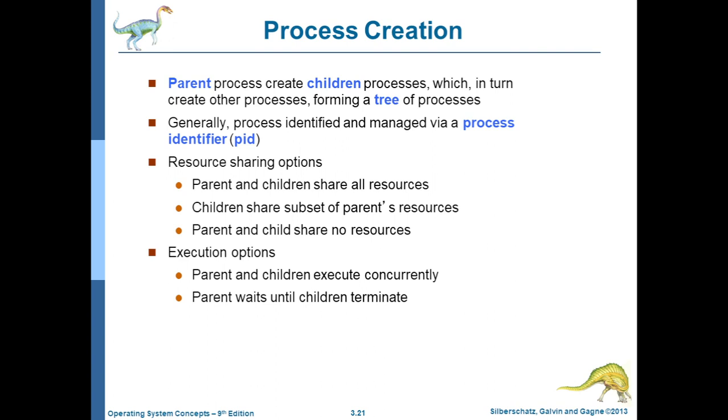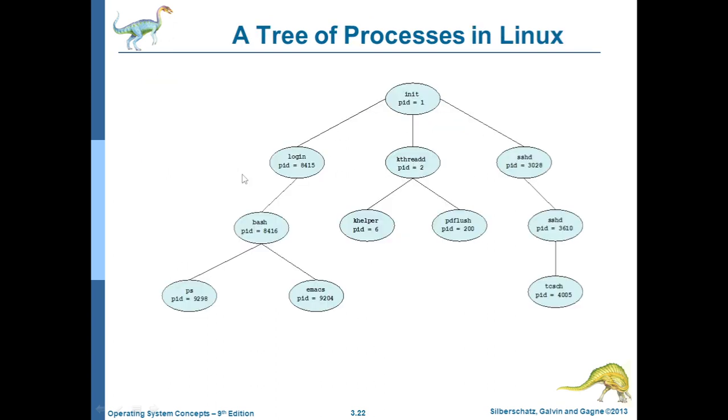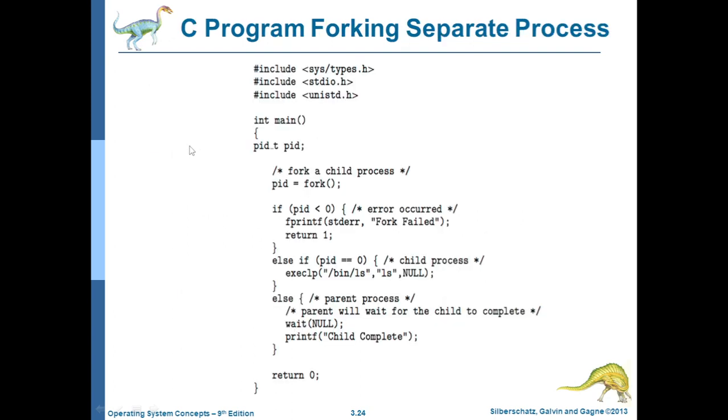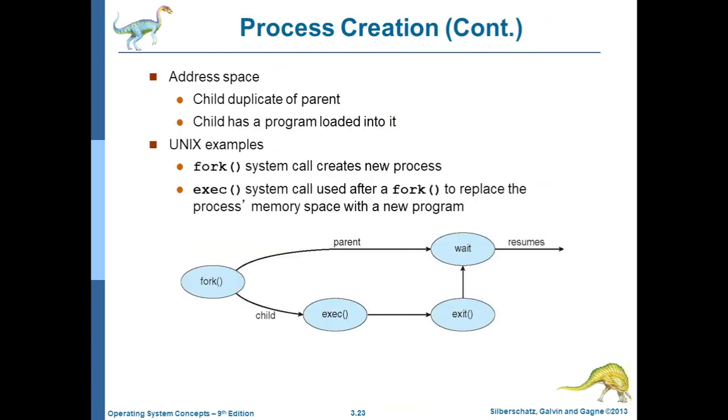Process creation. There can be a process creation tree, and processes are identified and managed by a process identifier. This is a process tree. A process is created by the fork statement in Unix.